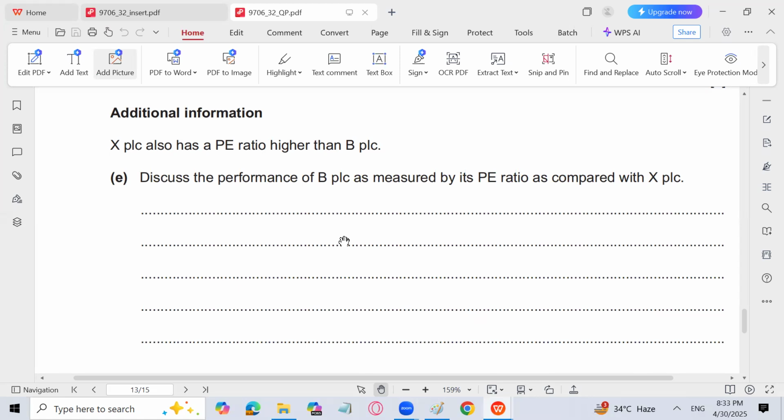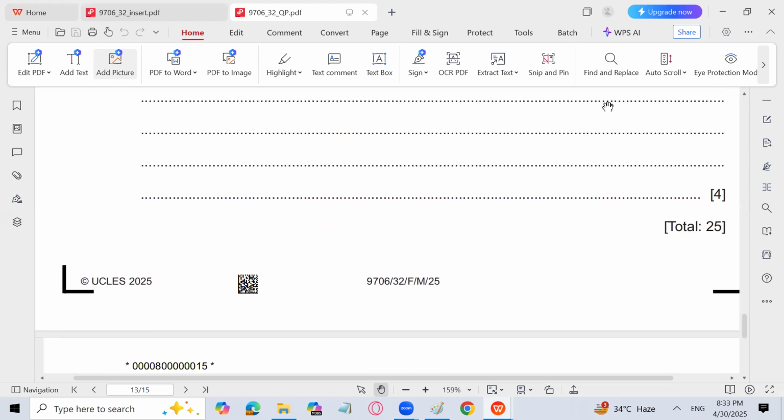So the price earning ratio of X public limited company is better than B public limited company, where the formula is market price per share over earning per share. It means that X public limited company has a higher market price, so it shows that the share price is growing in the market. So it shows that capital growth will be more in X public limited company in comparison to B PLC.